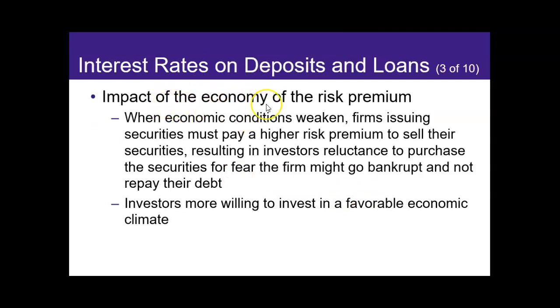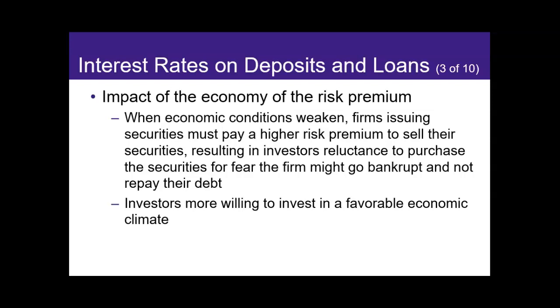The economy has an impact on the risk premium. Let's say that you want to purchase a bond, which is a form of investment from a firm, an organization. That bond may have a specified interest rate they're going to pay you.